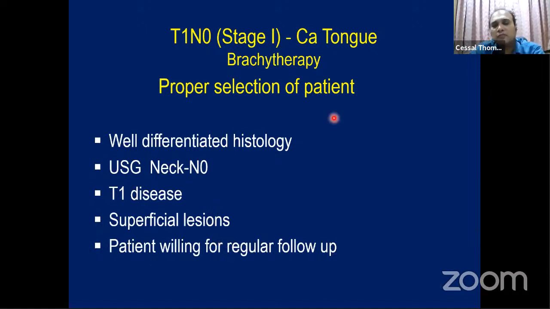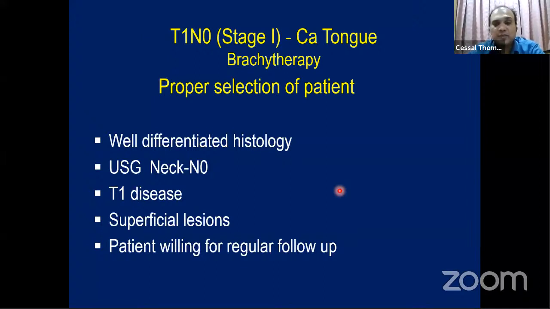Why? If you do a brachytherapy, you are not addressing the neck. So the patient can have a nodal relapse, and the patient may come back with an inoperable nodal relapse. So to start with, it is a stage 1 disease, and it will end up in a palliative setting. So that is very important for early tongue tumors.